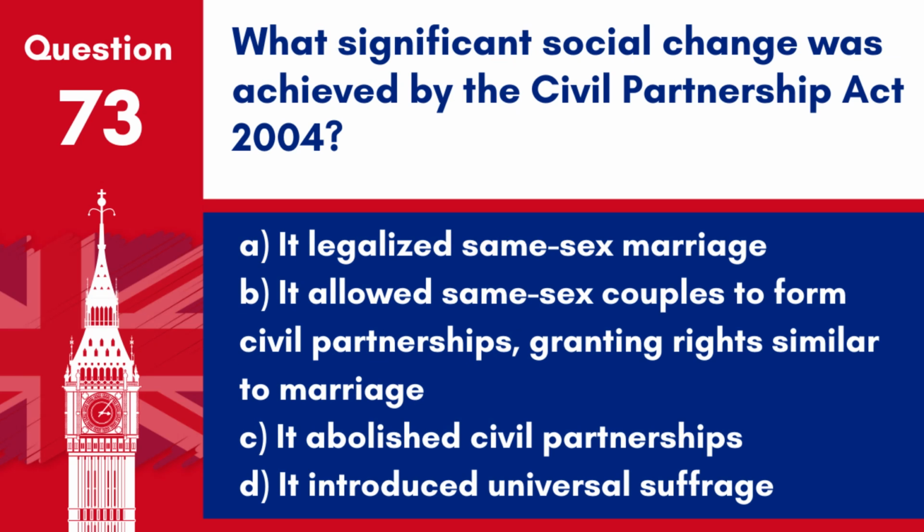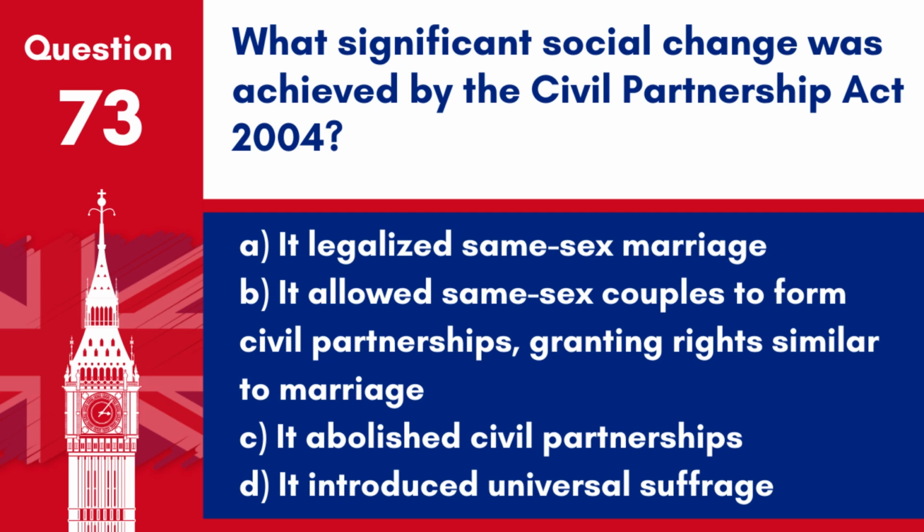Question 73. What significant social change was achieved by the Civil Partnership Act 2004? A. It legalized same-sex marriage. B. It allowed same-sex couples to form civil partnerships, granting rights similar to marriage. C. It abolished civil partnerships.